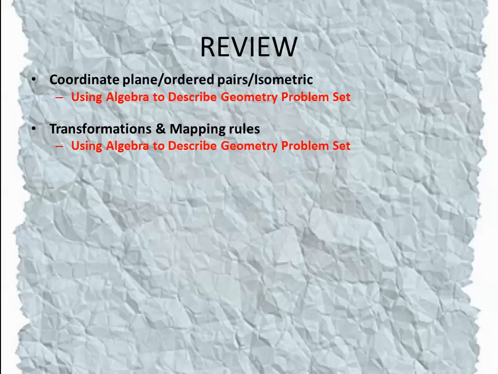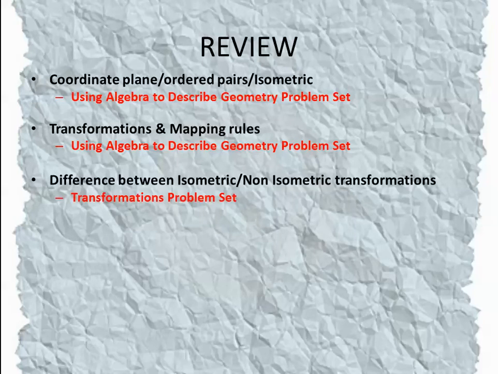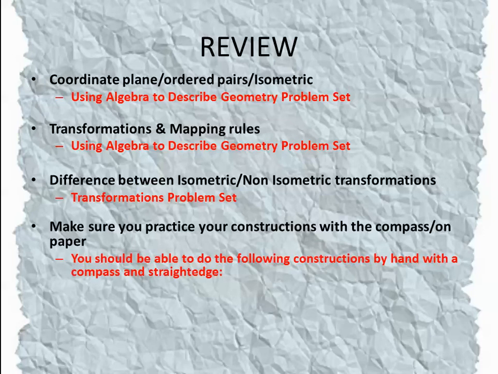I also have transformation rules posted in doc sharing that you may use when you're taking the test. Those are included in notes that you can use when you're taking the test. The difference between isometric and non-isometric transformations will be a question on the Part 2 test.